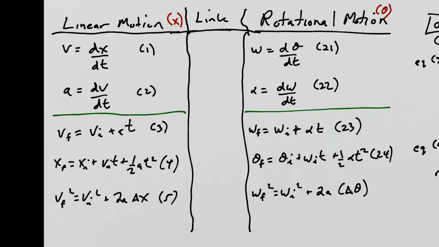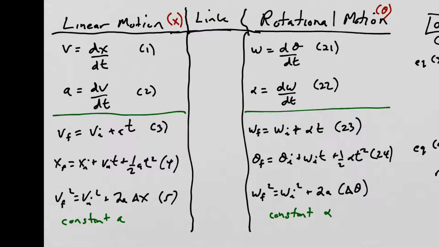So these are our constant alpha, which, if you remember the link equation, constant a, since radius is constant, would also imply constant alpha. What are those link equations?